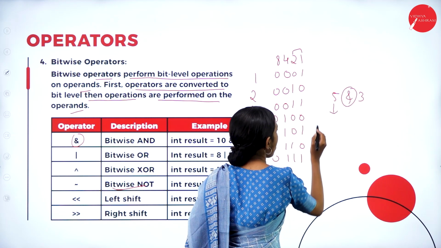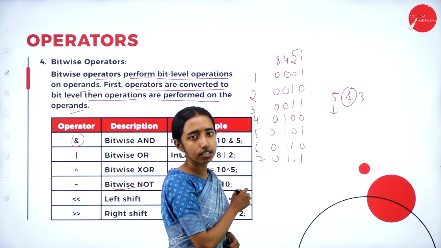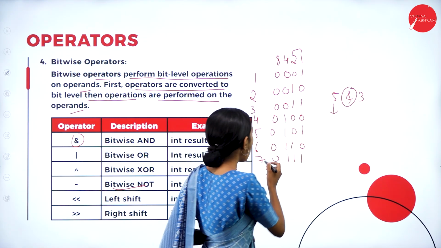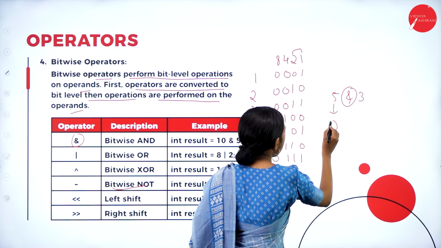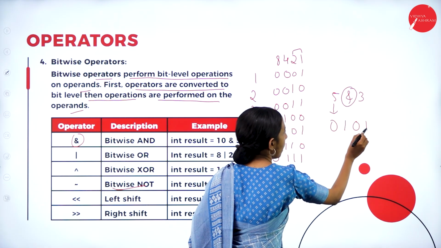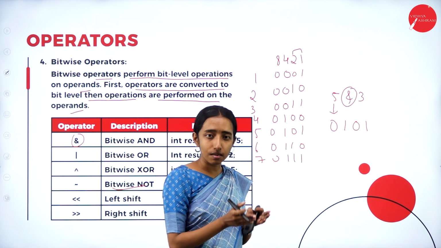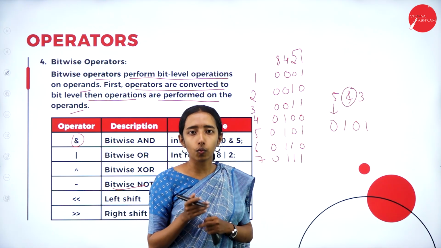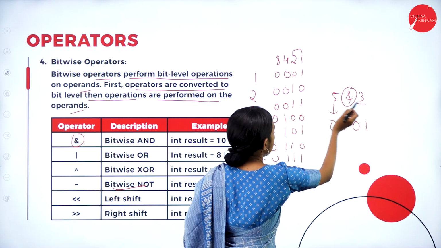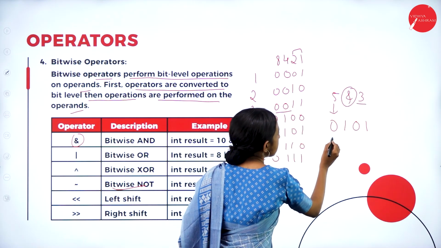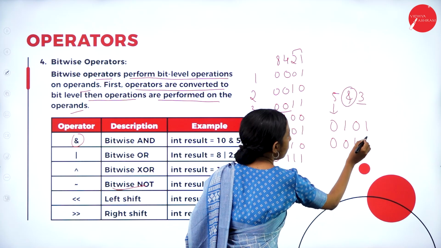We represent 5 in zeros and ones, so how can I write 5? 0, 1, 0, 1. Next I am having 3. How to write 3? That is 0, 0, 1, 1.